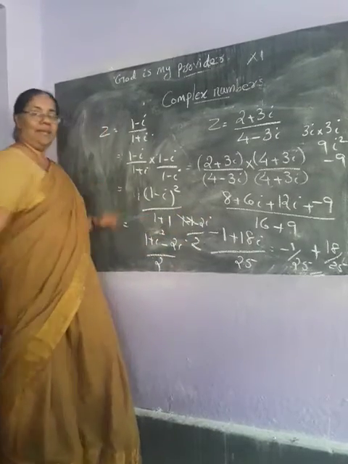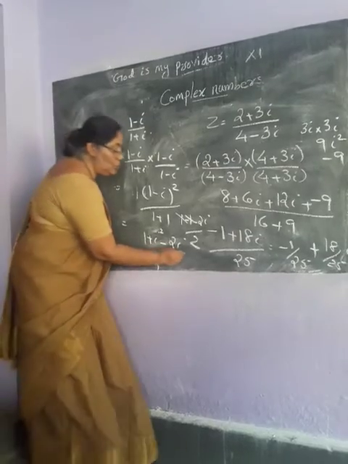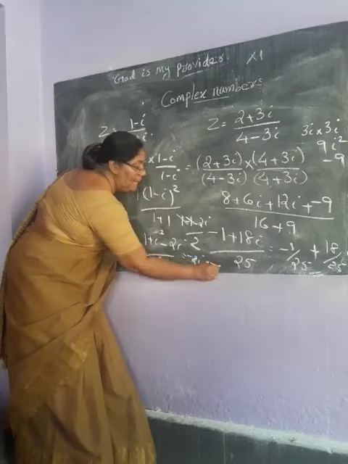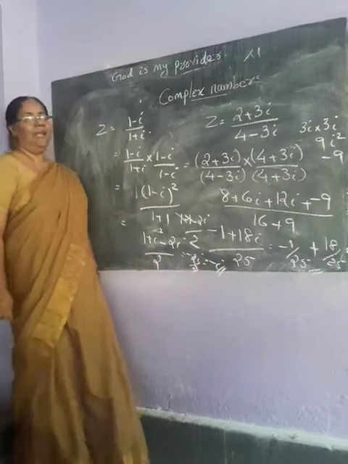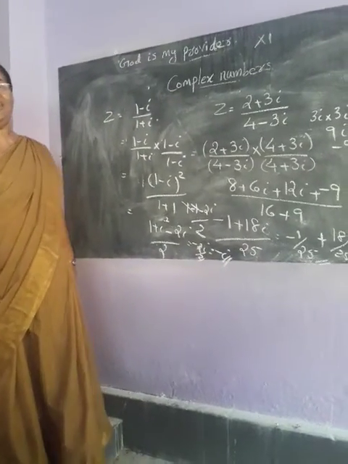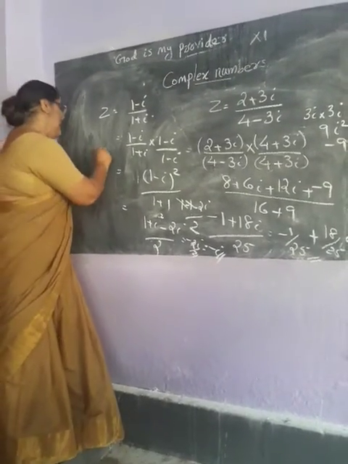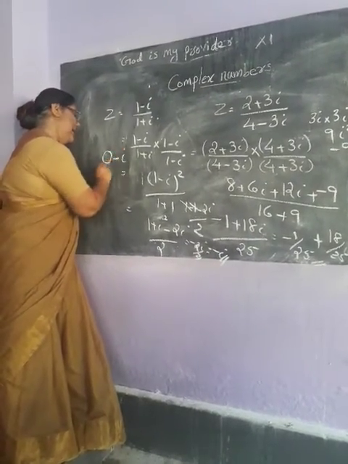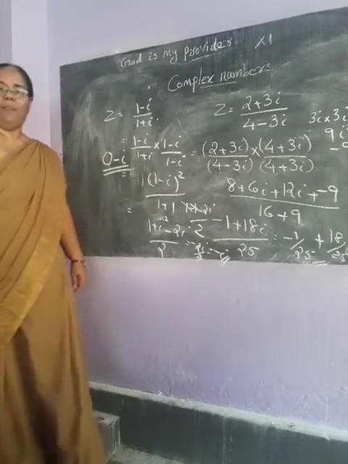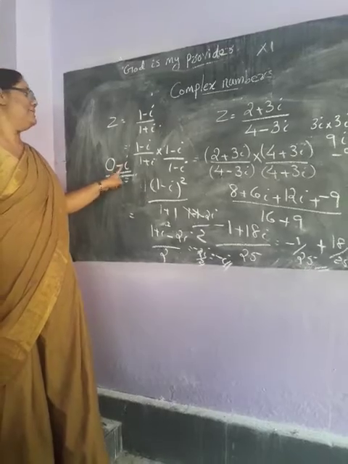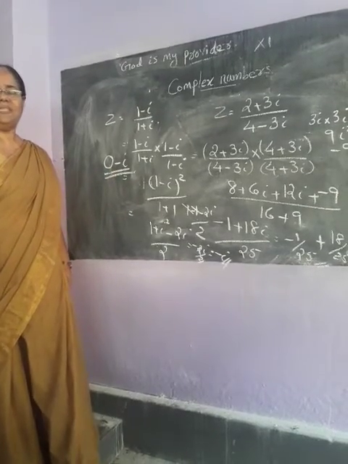The 2 cancels. Minus i. Answer is minus i. How can you write minus i? 0 minus i. When you write a complex number, here the real part is 0. Therefore 0 minus i. Understand?